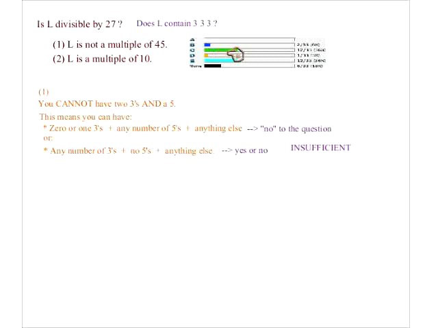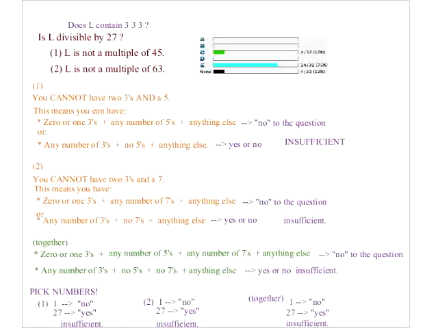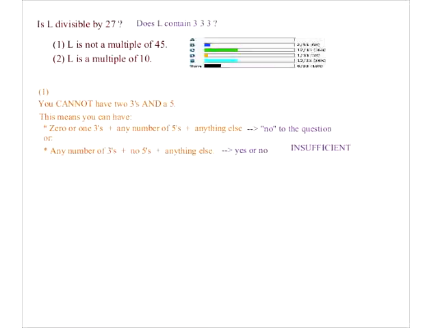So if you are the person who picked D, that probably means that you need to go back and review the basics of data sufficiency and just make sure you understand what these choices mean. But yeah, okay, statement 2. Let's import the number picking method for statement 1 from this problem. So all of that is still the same.